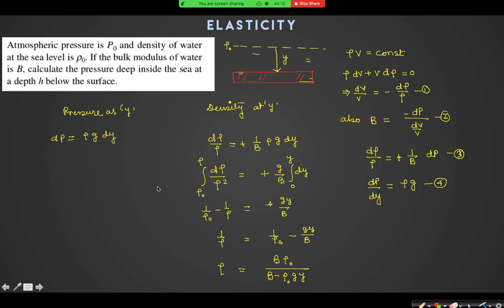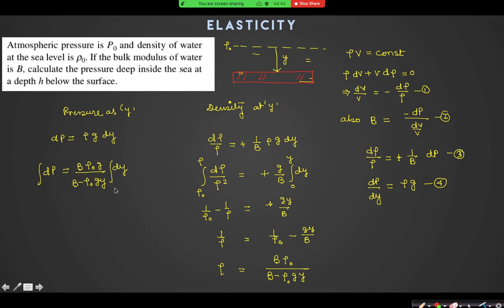I'll just replace rho by the y function, and I will say dp is equal to b rho naught divided by b minus rho naught gy, into g into dy. Now if you simply integrate this equation, you will find your answer.